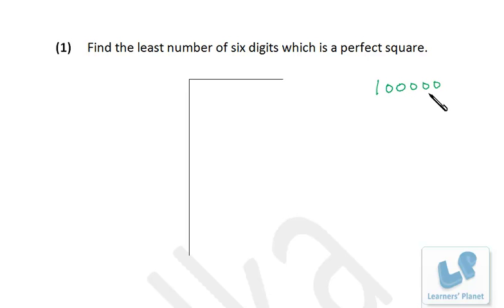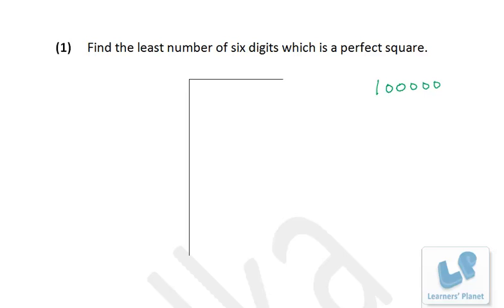So what we have to do, we have to add some number to it so it becomes a perfect square. Okay, so how do we proceed? We have already discussed the same thing in the previous session, what least number should be added to the given number to make it a perfect square. So in this case, the given number is nothing but the smallest 6-digit number, right?